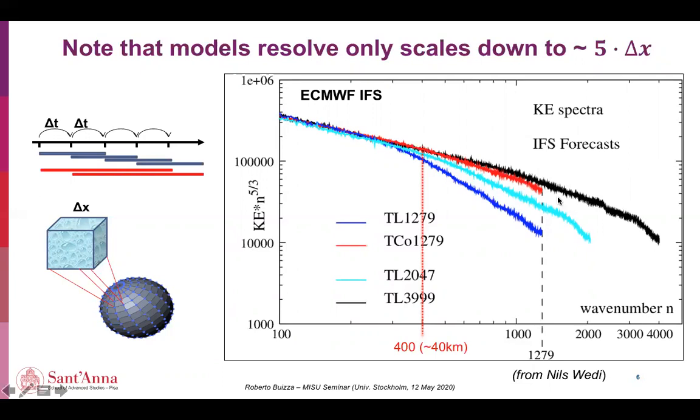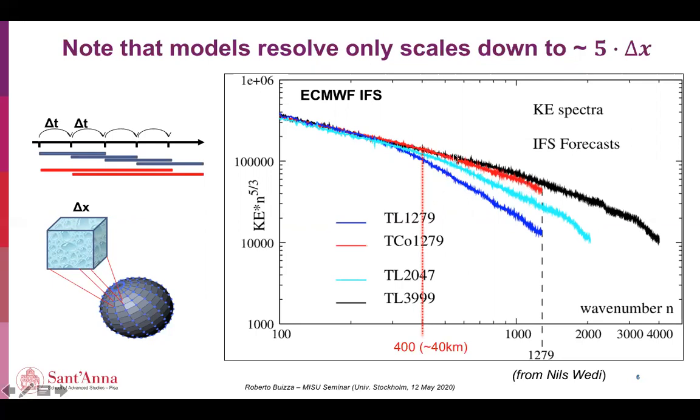What you see here, from Nils Wedi at the European Center, is a plot of kinetic energy spectra of a very high resolution IFS simulation and of simulations done at low resolution. The TCo1279, the red curve, is the curve that corresponds to the current operational model of the European Center.